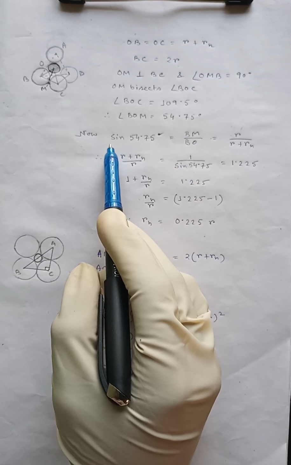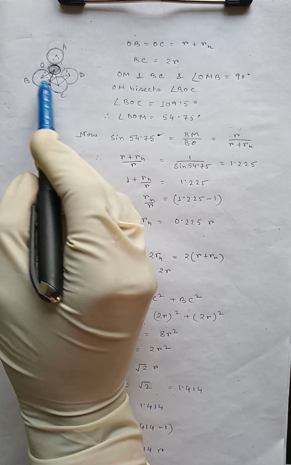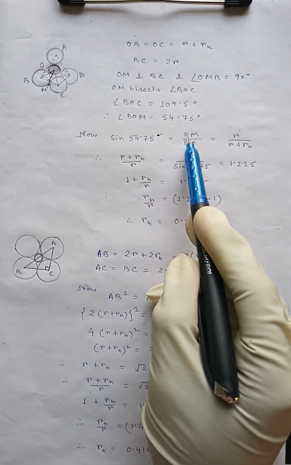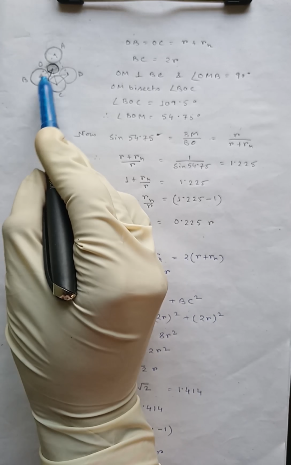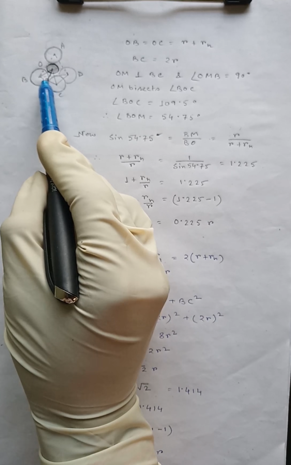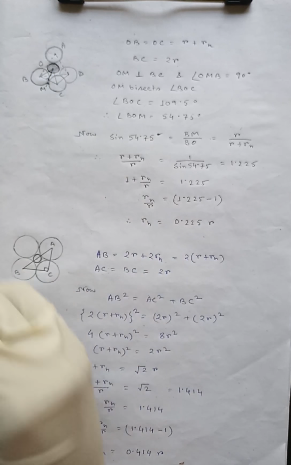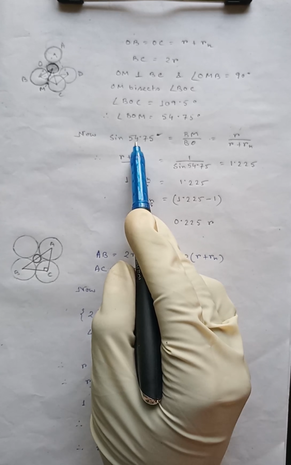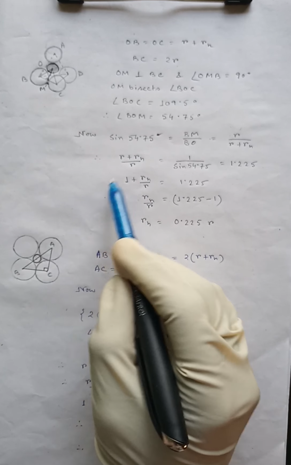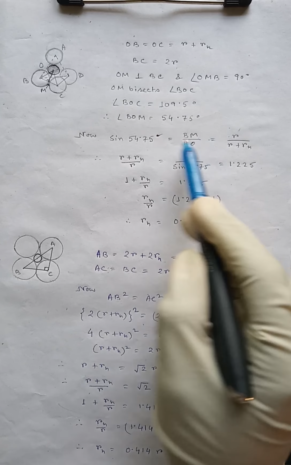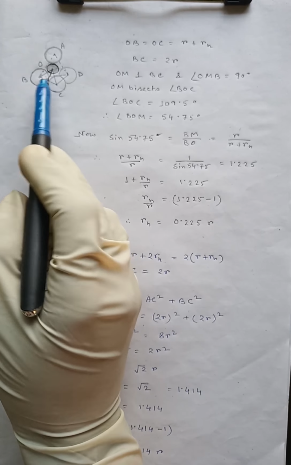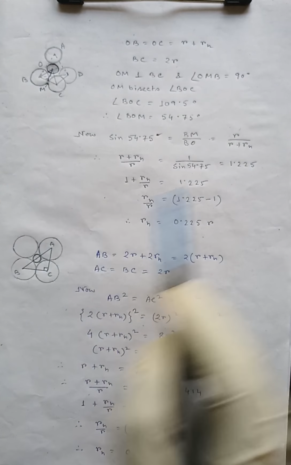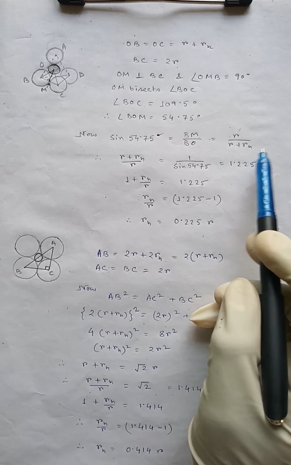And now from the calculation of this triangle, with this right angle, we will get BM by BO is equal to sine of 54.75 degrees. And BM is equal to R, which is the radius of the anion, and BO is equal to R plus RH.